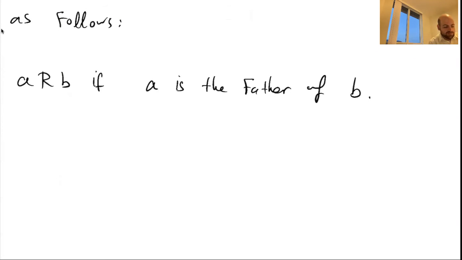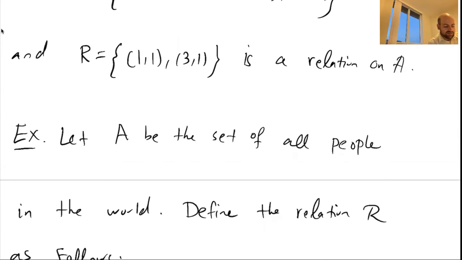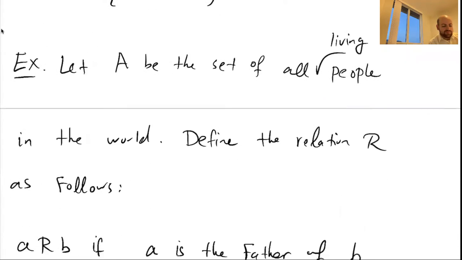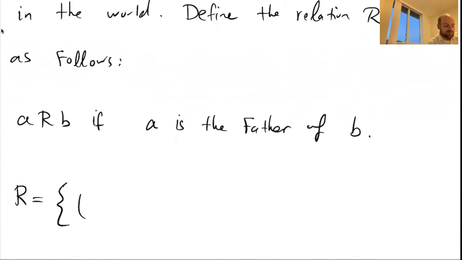Okay, so if I want to list the elements of this set, I could say A is the set of all living people. So we could say any person and his son, right?